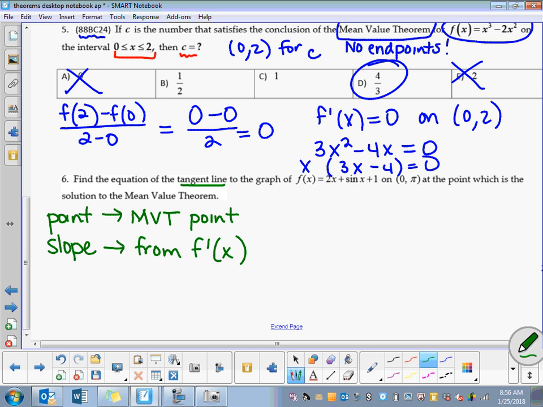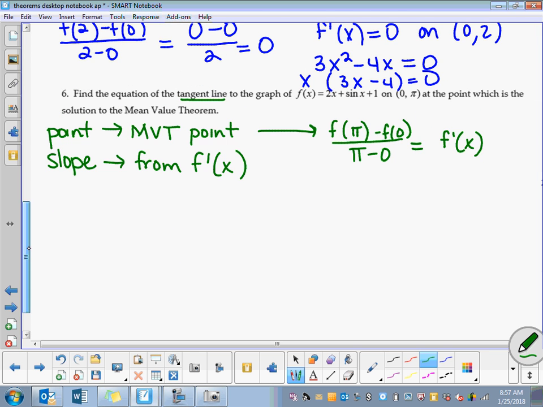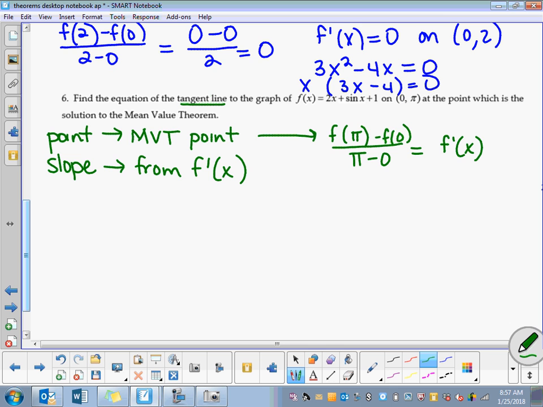So that means we need the point where (f of pi minus f of 0) over (pi minus 0) equals f prime of x. That's how we'll get the x of our point. Y for our point? Original function. Okay, so let's see. So my f of x is 2x.